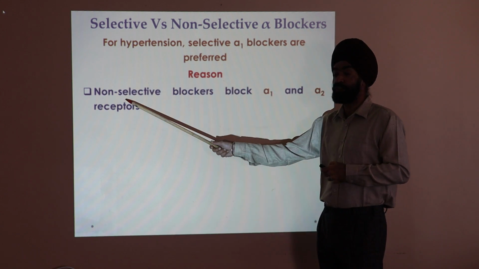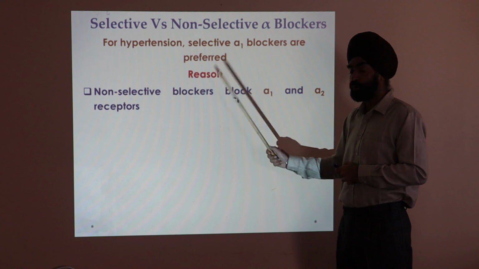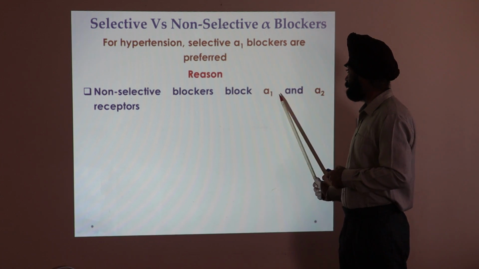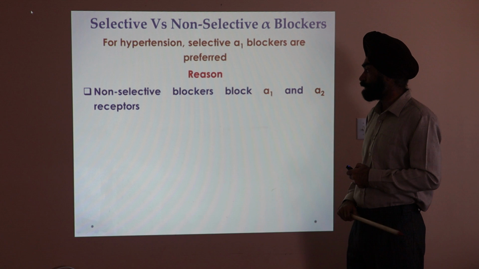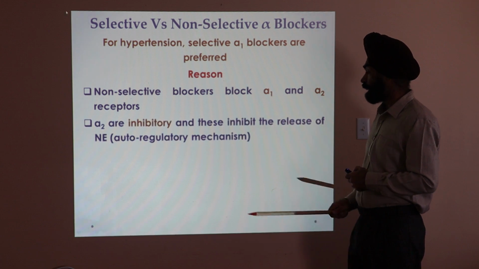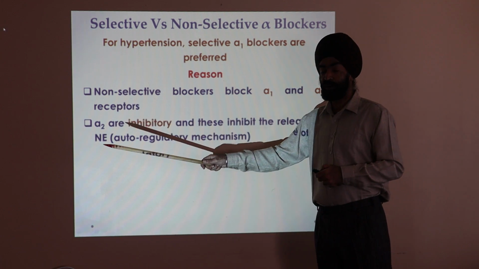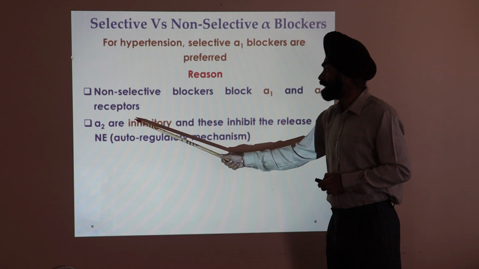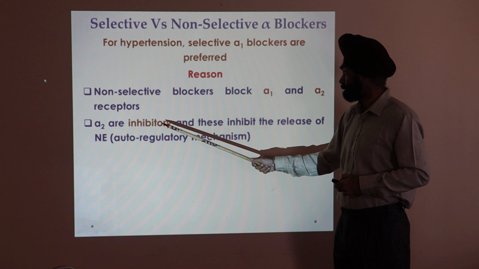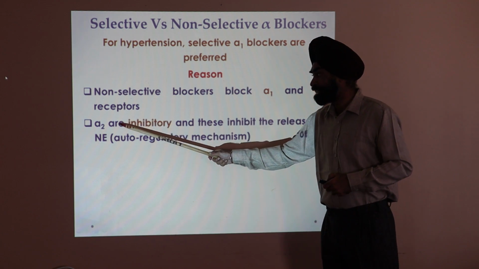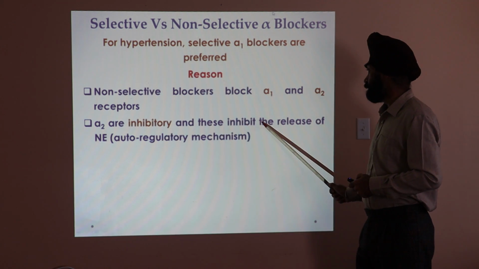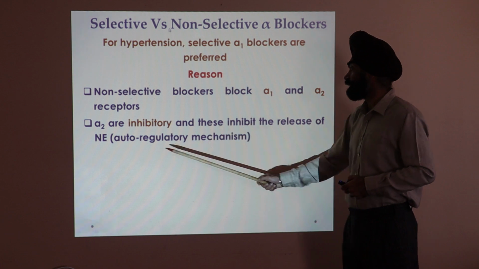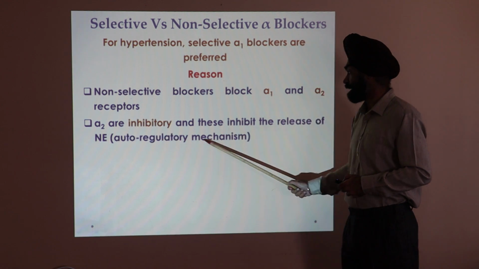As the name indicates, non-selective alpha blockers block both alpha 1 as well as alpha 2 receptors. Now again you have to go to the basic pharmacology that I told, in the description section. These alpha 2 receptors are inhibitory. So when you activate these, they inhibit the release of norepinephrine, an autoregulatory mechanism.